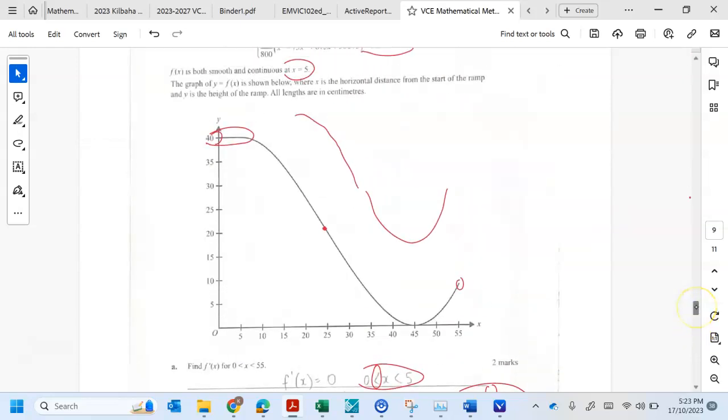All right, so you can see what is happening on either side of that point of inflection. If you're concave down, like we are here, which kind of goes like that, it's strictly decreasing. And then concave up is strictly increasing.